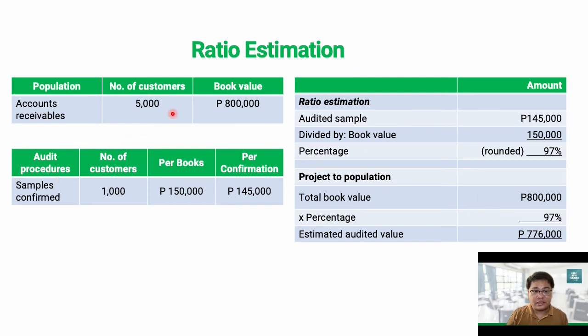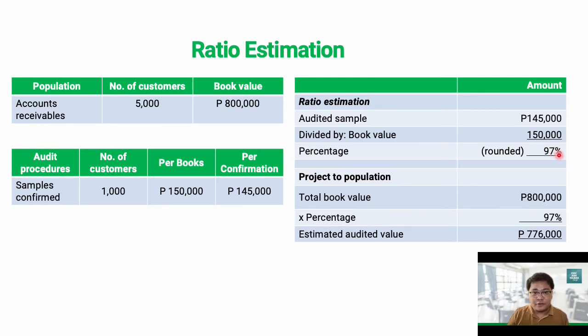We confirm 1,000 out of 5,000 receivables, and per the records of our client, that 1,000 sample selected was worth 150,000 in gross AR, and per confirmation, the confirmed amount is only 145,000 pesos. So if we get the proportion of the audited value from the book value, 145 over 150, that is 97%. So therefore, the account is 3% misstated.